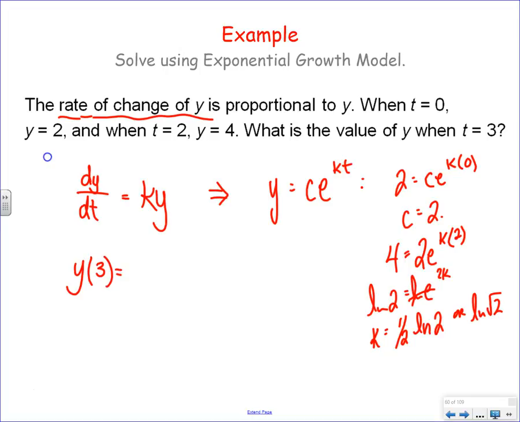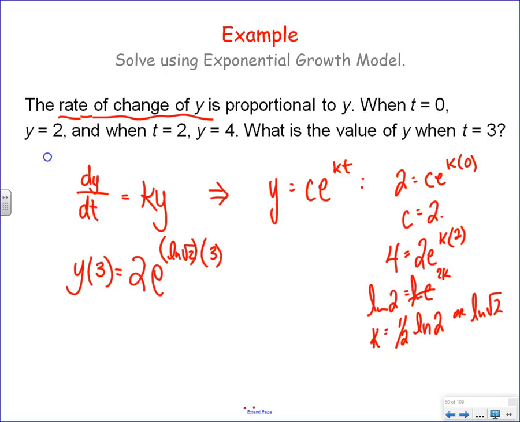And now that we have c and k, what can we go ahead and do? Yeah. y of 3 is equal to, let's take our c, we have our e, we know our k is ln of root 2, and now our t is 3. Would the e and the ln cancel, or no, because it's t squared, it's not. Can you guys help out with that? Log property, since we have a lot of logs in these?